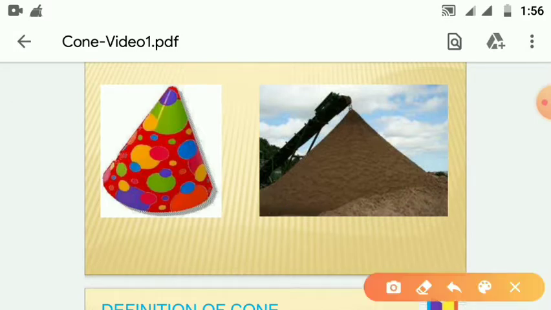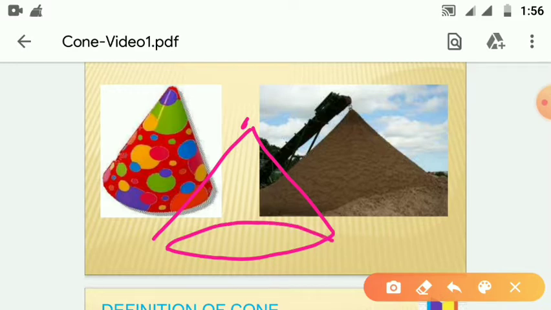So if you keep some material on the ground like sand or flour, whatever it may be, then obviously it takes this cone shape. Why does any material like sand or flour take this shape? Because this is the more stable shape.